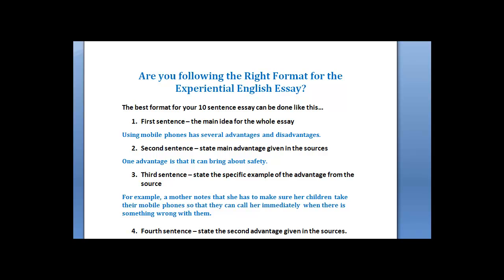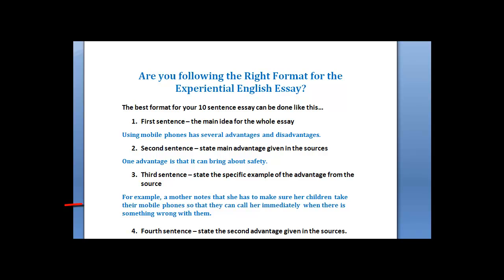Then we go on to the second sentence. The second sentence states the main advantage given in the sources. We have written it here as follows: One advantage is that it can bring about safety. Now, this sentence will give a general idea, and in this case, it is bring about safety.